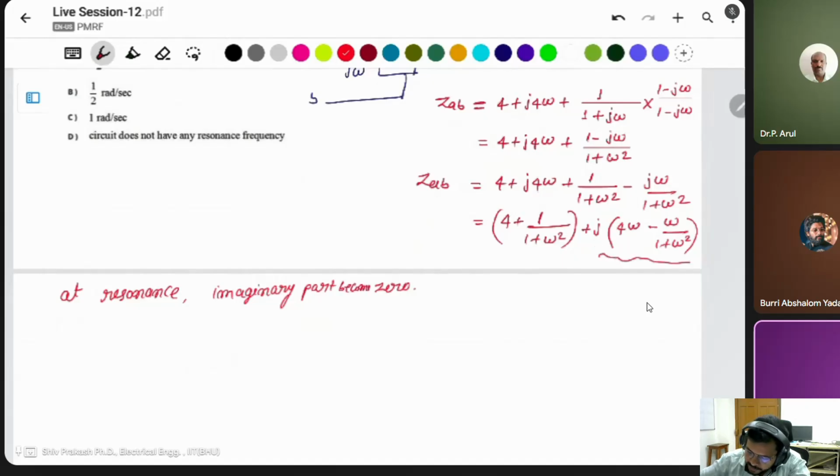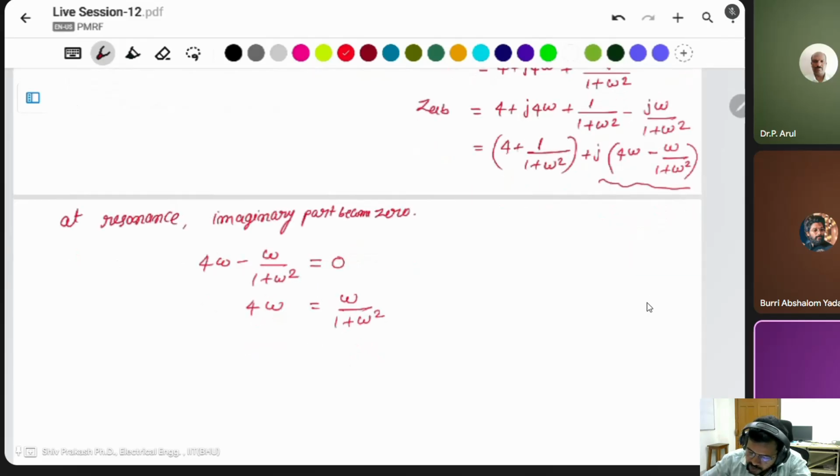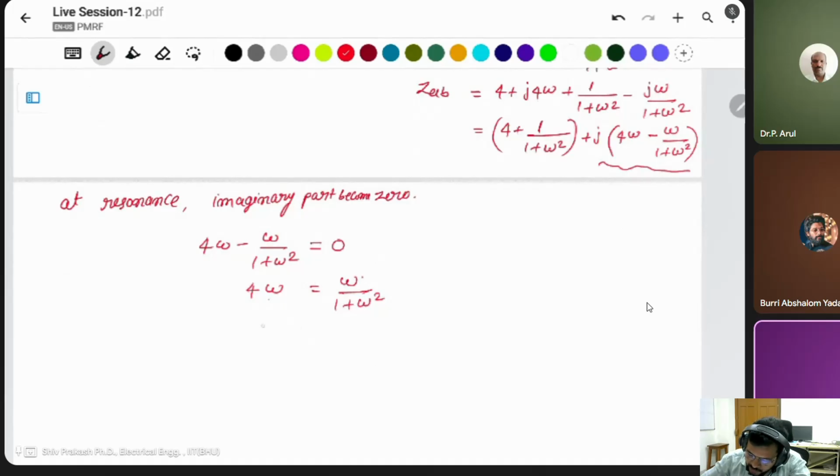This one is the imaginary part. It means 4 omega minus omega divided by 1 plus omega squared is equal to 0. So 4 omega is equal to omega divided by 1 plus omega squared. Omega cancels out. This will be 4 plus 4 omega squared is equal to 1.